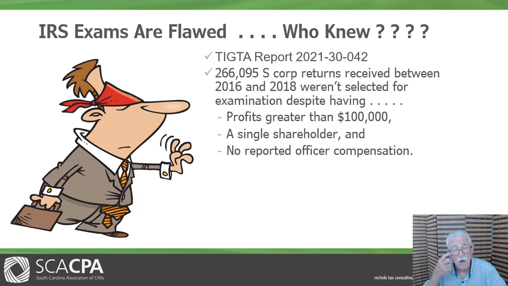IRS exams are flawed. Who knew, right? Found this little guy in my clip art collection. This is a report from the Treasury Inspector General. Over 500,000 S corporation returns received in 3 years, 16, 17, and 18, were not selected for examination, despite having profits greater than $100,000, a single shareholder, no reported officer compensation, and distributions.